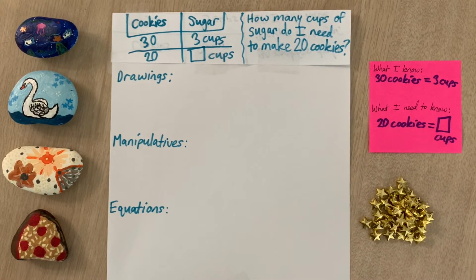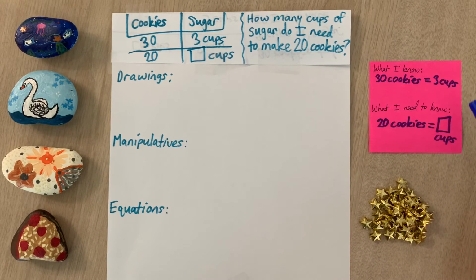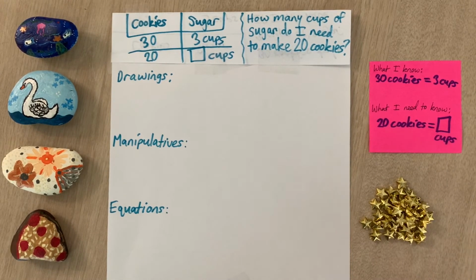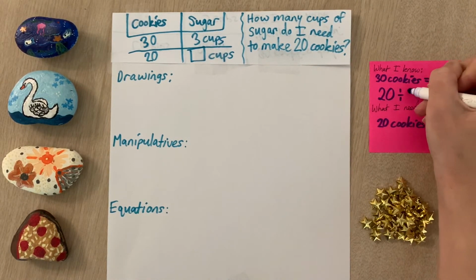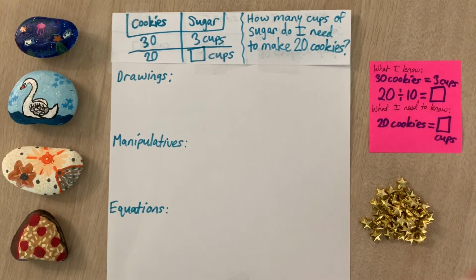This is called proportions. So you'll learn about that topic a little bit later. But basically, I used a proportion to figure out that I would need to divide 20 by 10 to get our amount of cups. Okay, so I'm going to write that equation down. 20 divided by 10 equals, and that's what we're solving for.